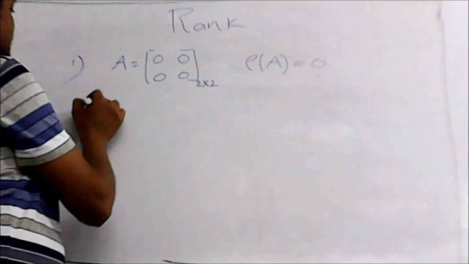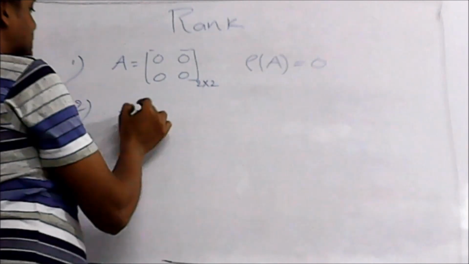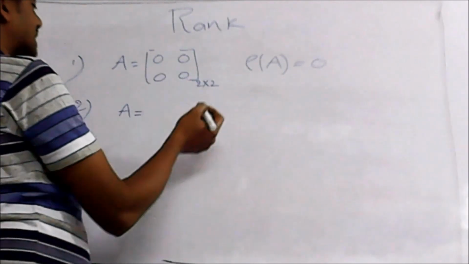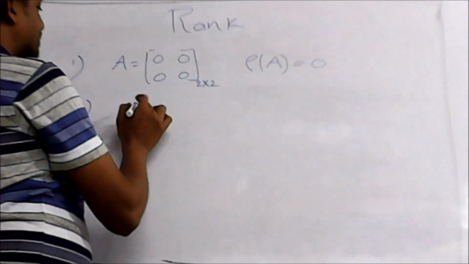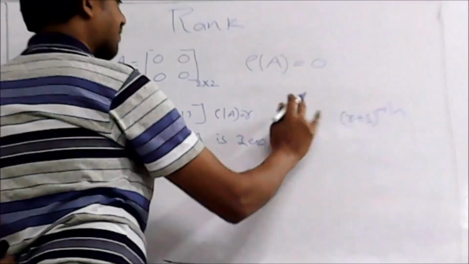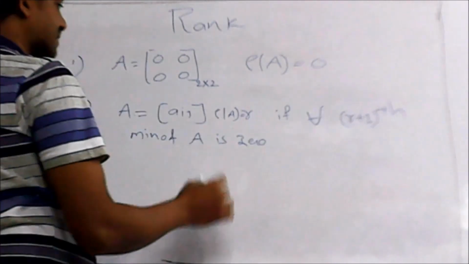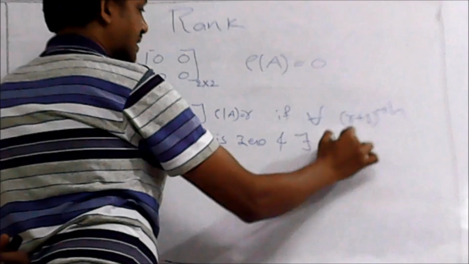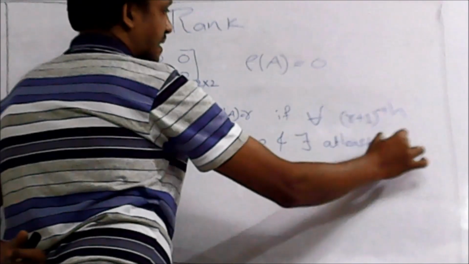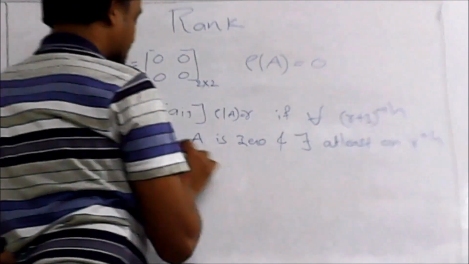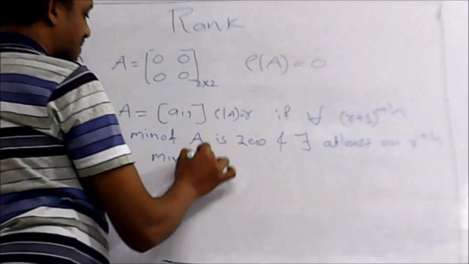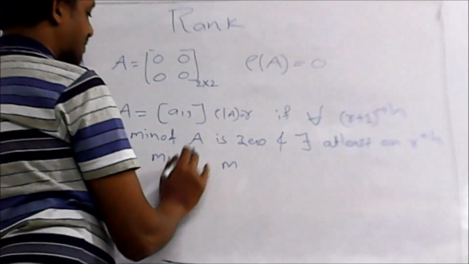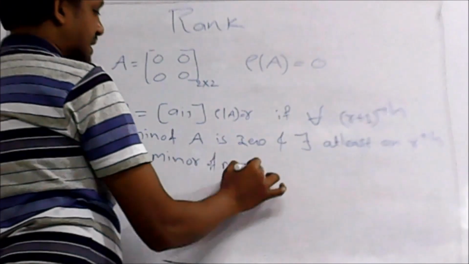Second, if the matrix A is a non-zero matrix, it means at least one of the elements is non-zero.